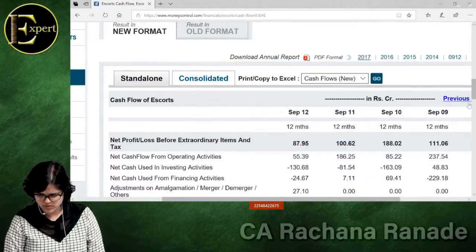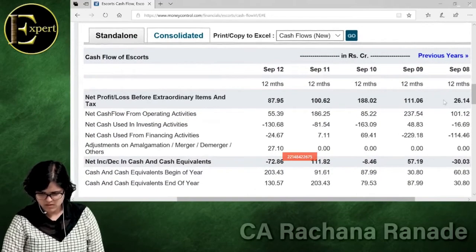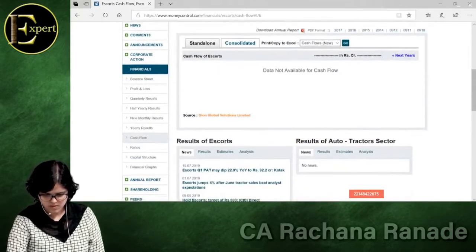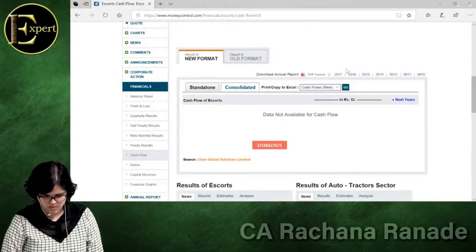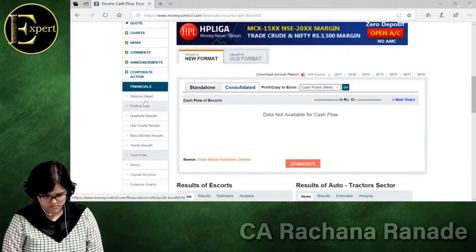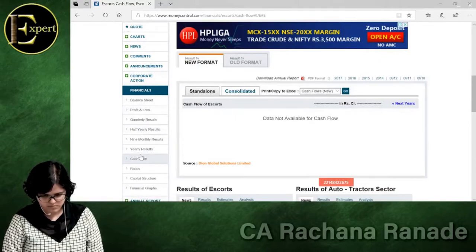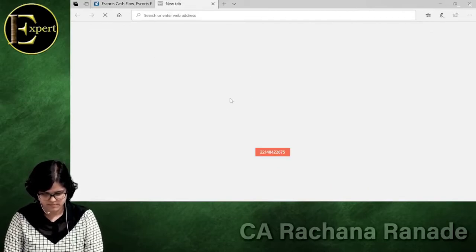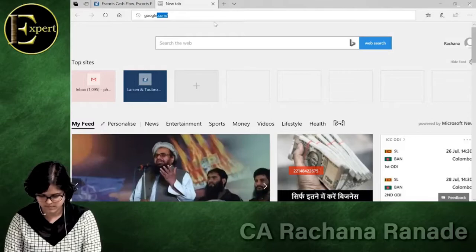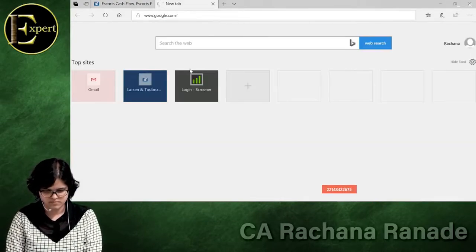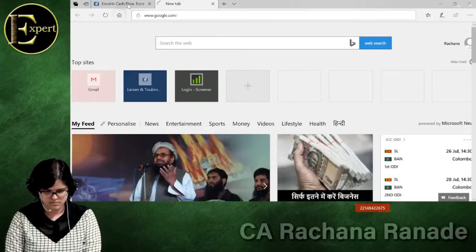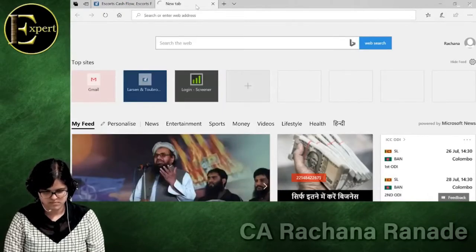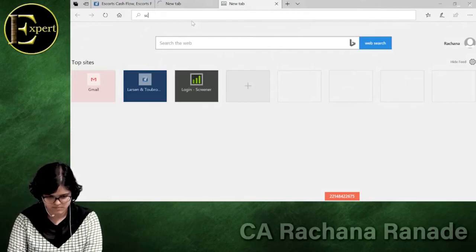Why is it showing so much old data here? I'll just check.